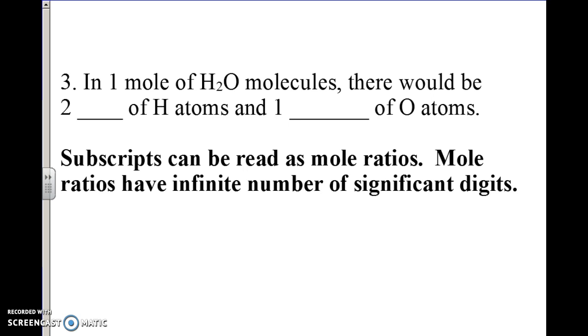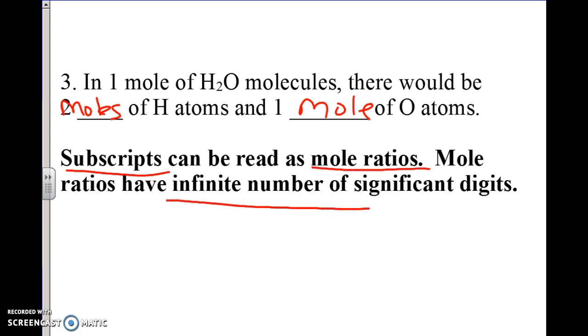So in 1 mole of water molecules, there would be 2 moles of hydrogen atoms and 1 mole of oxygen atoms. So now we're talking about subscripts, and they can be read as mole ratios, and those would have infinite number of significant digits. So that's kind of important as we go through today. We're going to be using this information on a lot of the problems.